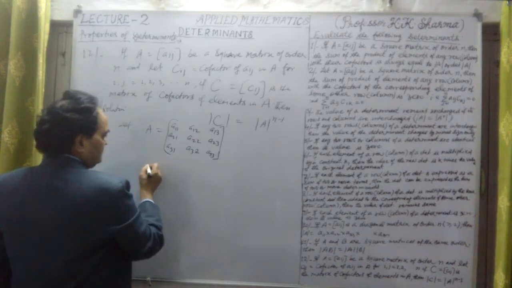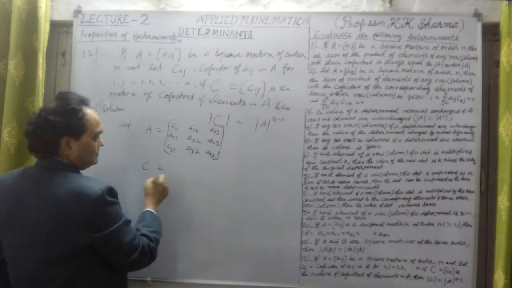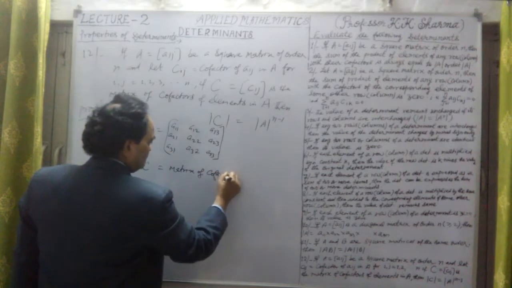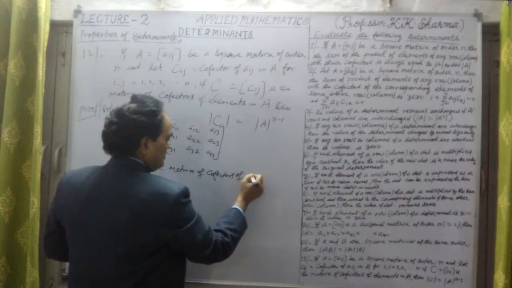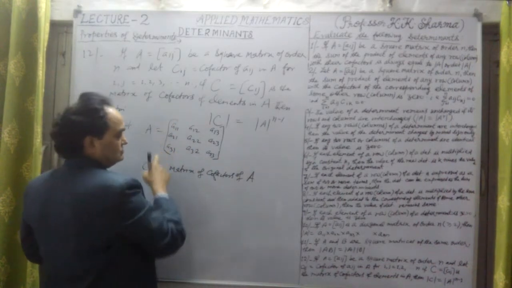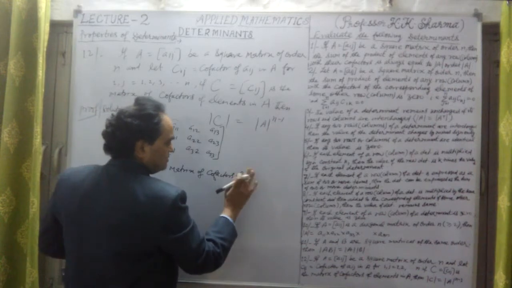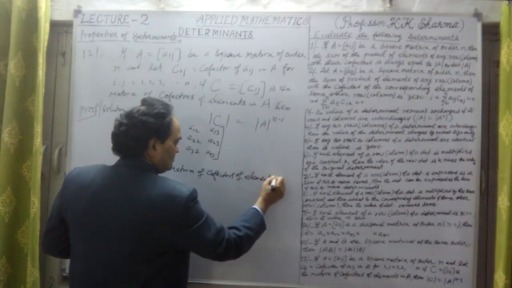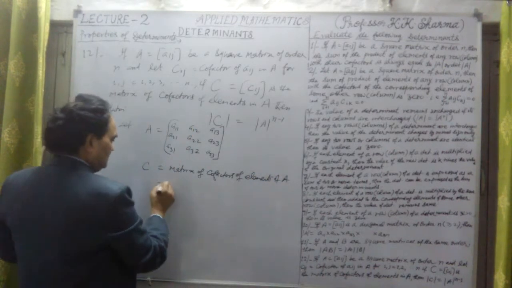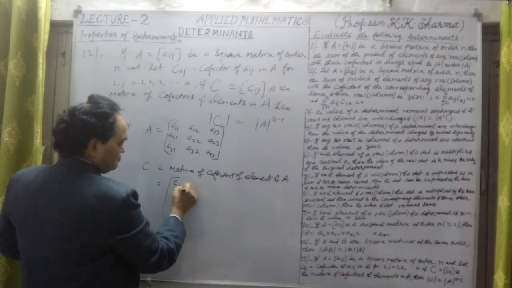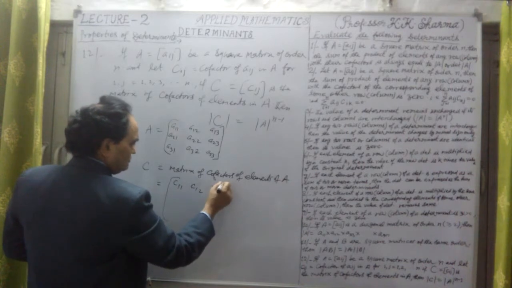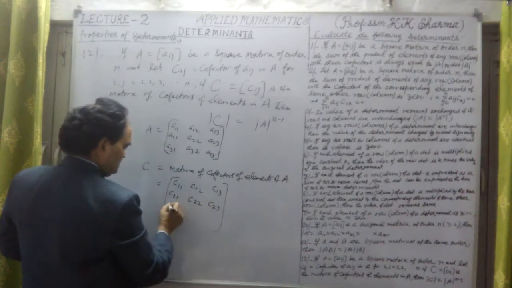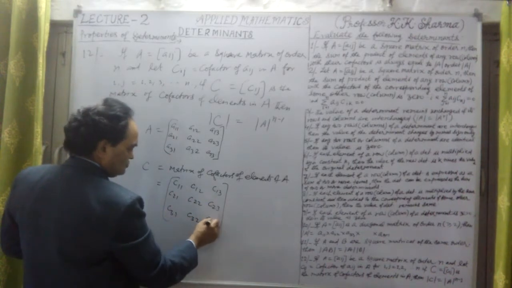Now C will be the matrix of cofactors of matrix A, the cofactors of every element of A. Let me take this: C11, C12, C13, this is C21, C22, C23, C31, C32, C33.